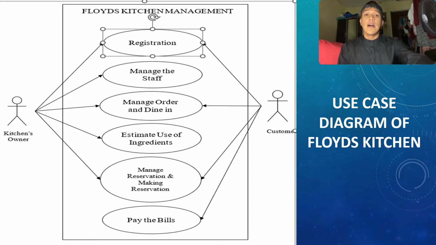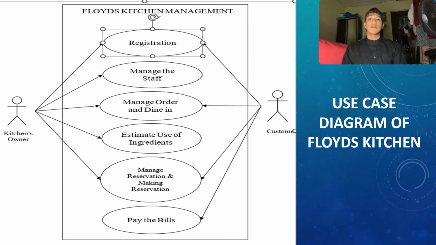After that is manage reservation and making the reservation. It is about taking a reservation from the customer, and the system will check the available date and time. If the customer makes a reservation, the system will check the availability of the date and the time.